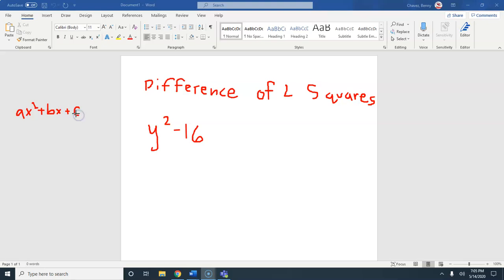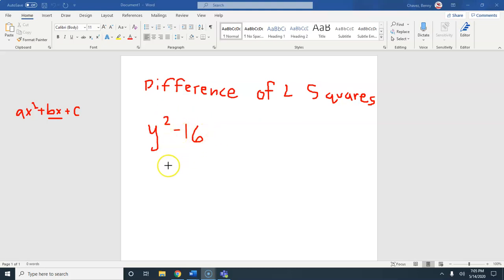And remember that we found two numbers that multiply to the last one and add to the middle one. Here, there is no middle term. There's no term with just a variable with exponent of 1 in the middle. So basically, it's like what two numbers multiply to this last term but add to 0.